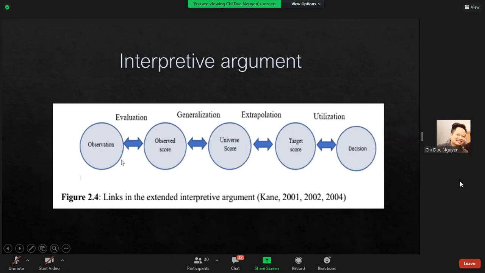What is the underlying assumption in each argument here? Okay, so observation here, what does this mean? What does this mean for observation?